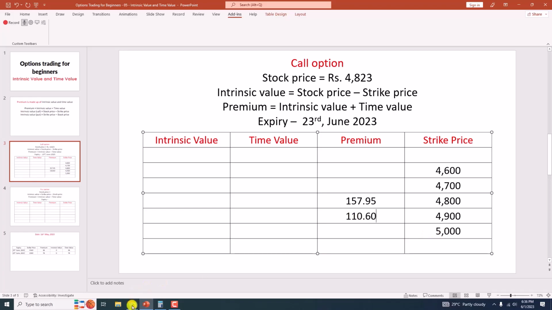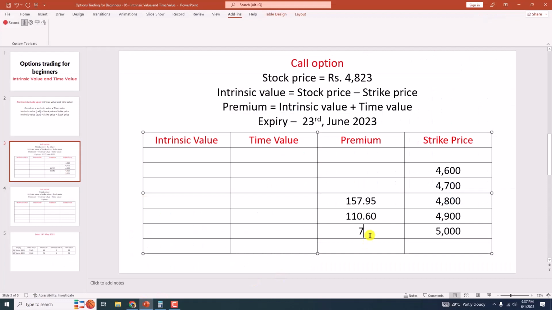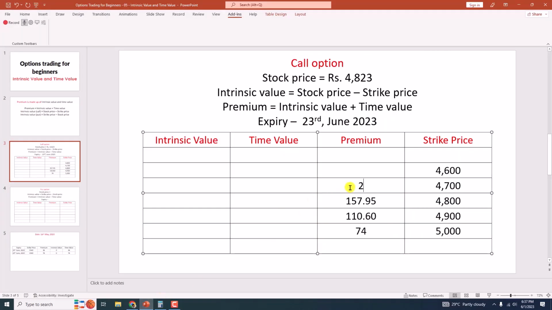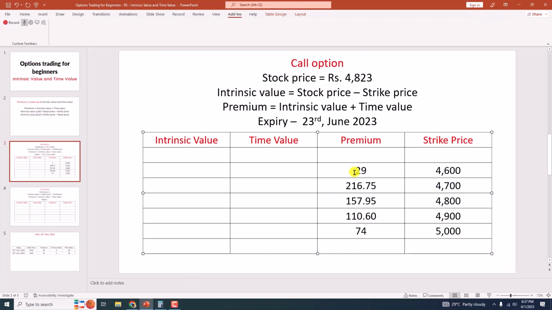For 5000 it is 74 rupees. Going below, 4700 is 216.75. And 4600 is 290 rupees. Okay. This is the premium.